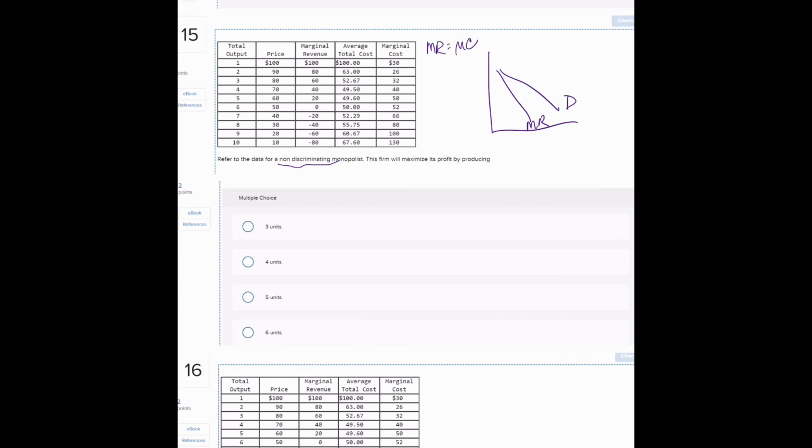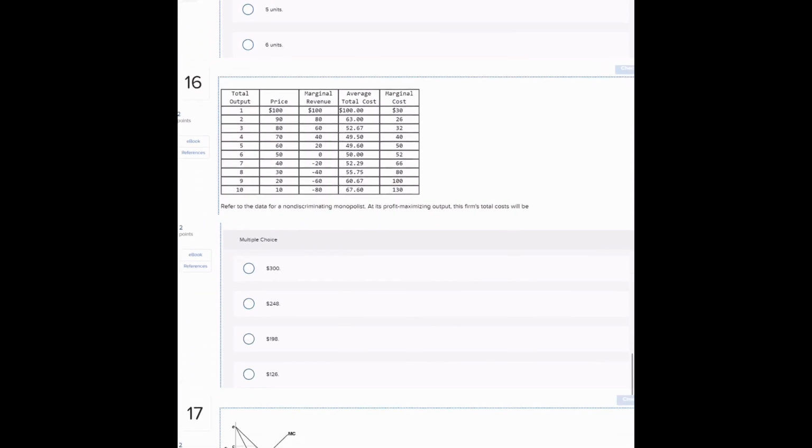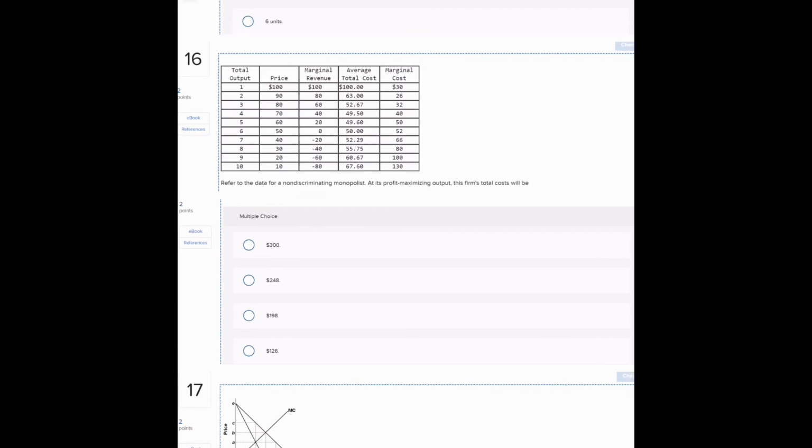And the marginal revenue here is less than the price. So we know that we're looking at that non-discriminating monopolist, and we can just look at where marginal revenue is equal to marginal cost. So we can see at 4 units, marginal revenue is equal to marginal cost. And there's our decision.